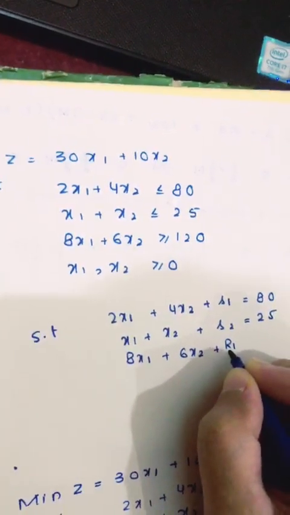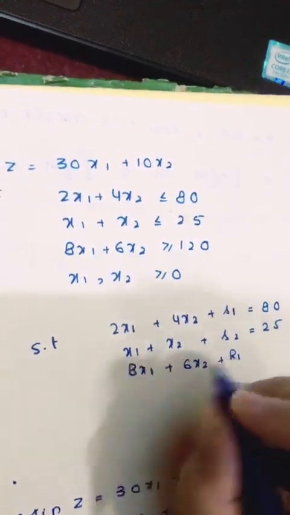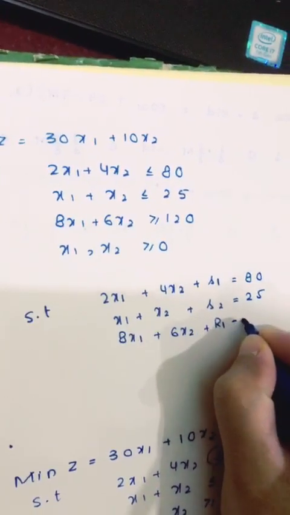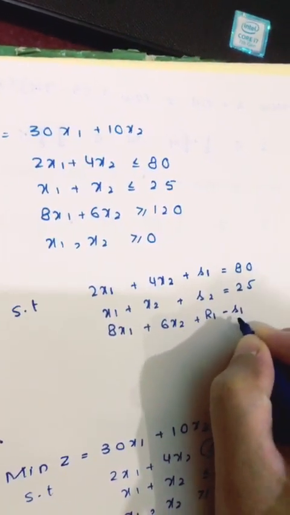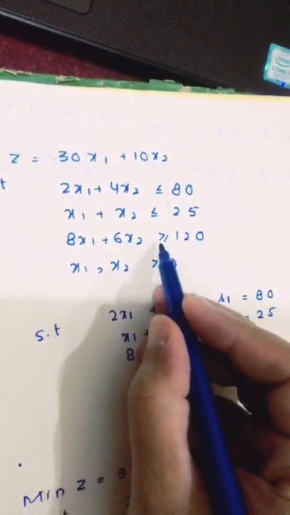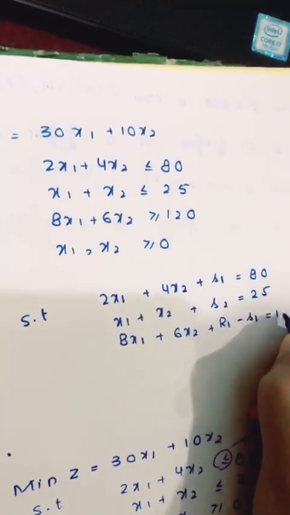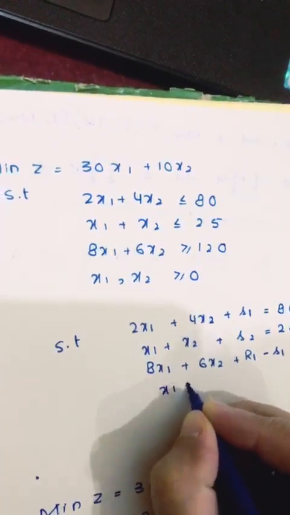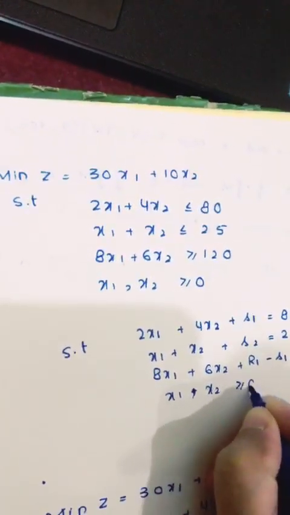We add the artificial variable in this equation because this equation has greater than or equal type, minus s3. Minus s3 is a surplus variable. A surplus variable is added when we have a greater than or equal type equation, equal to 120. x1, x2 greater than or equal to 0.